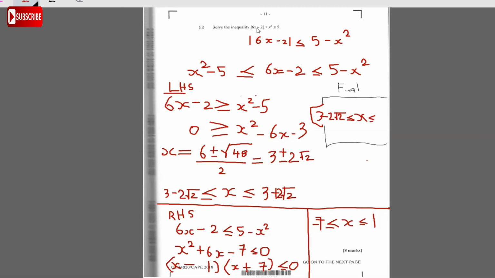When you put in X as 1, 6 times 1 minus 2 plus 1, yes. So 1 is fine. But it can extend up to 3 plus 2 root 2.